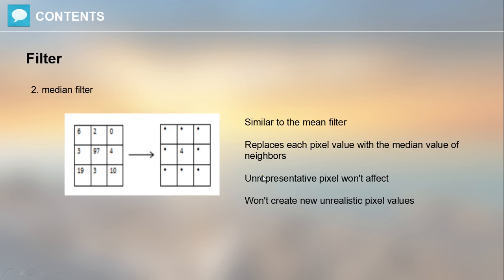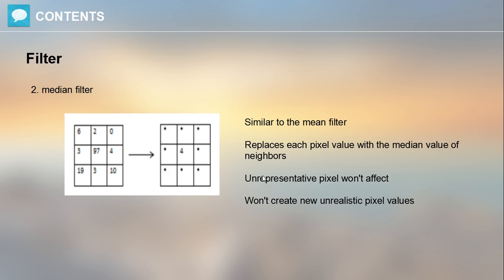We don't want to create new unrealistic pixel values. So this is the best feature of the median filter, but it is simple. Though it is better than the mean filter, it is not good enough.